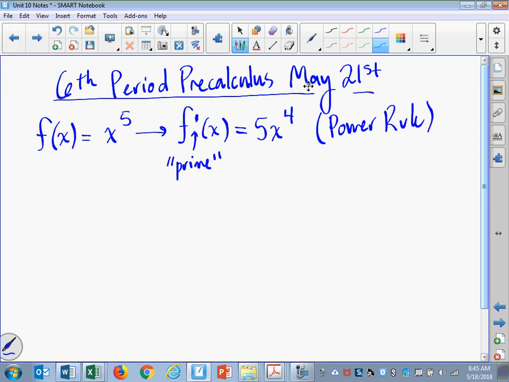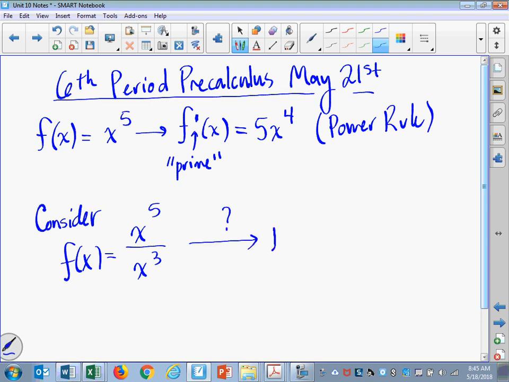Now we saw something last time that maybe piqued your curiosity. Consider f equals x to the fifth over, say, x cubed. The question is, how do we take the derivative of this? We want to know what f prime of x is here.